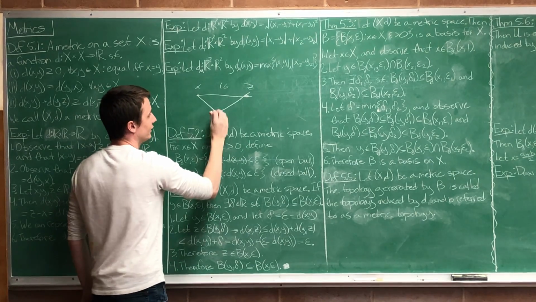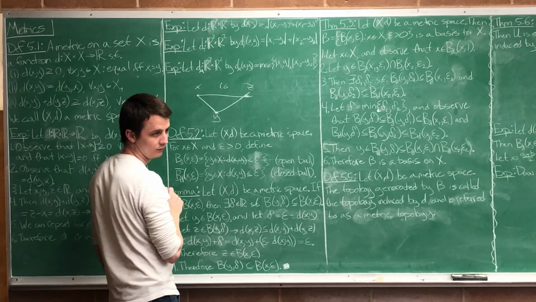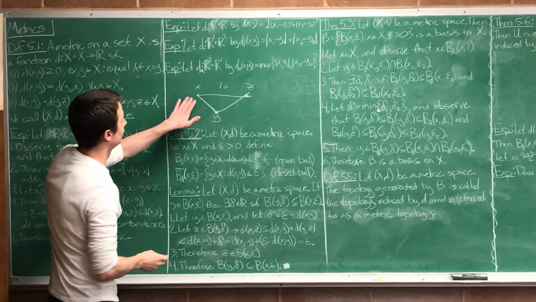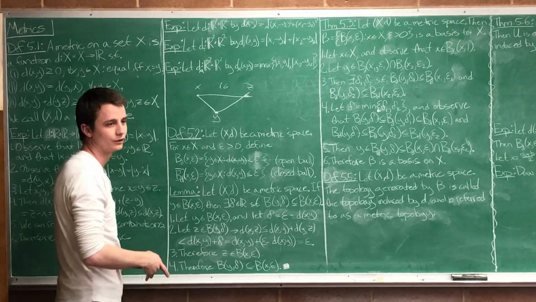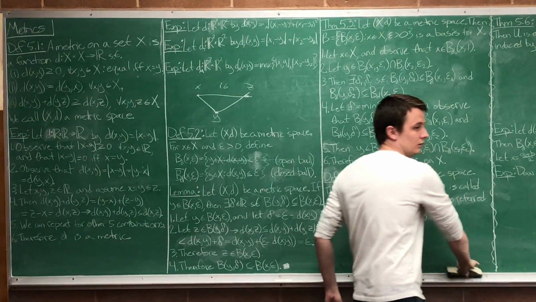I can't go like this and have my total path be less than 16 in order for it to be a metric. So the distance from x to z also has to be the shortest distance you can get. Does that make intuitive sense?